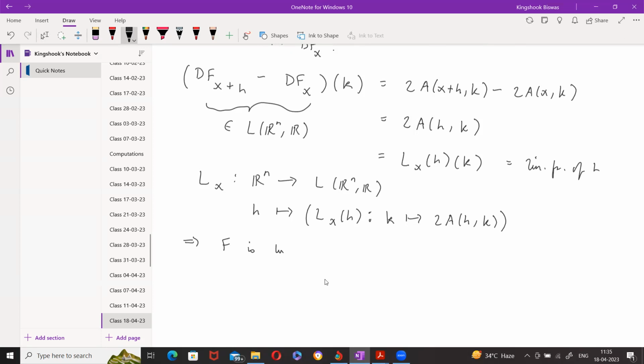That means df is differentiable, and d squared f at x is equal to this linear map L sub x. So this is an element of what?